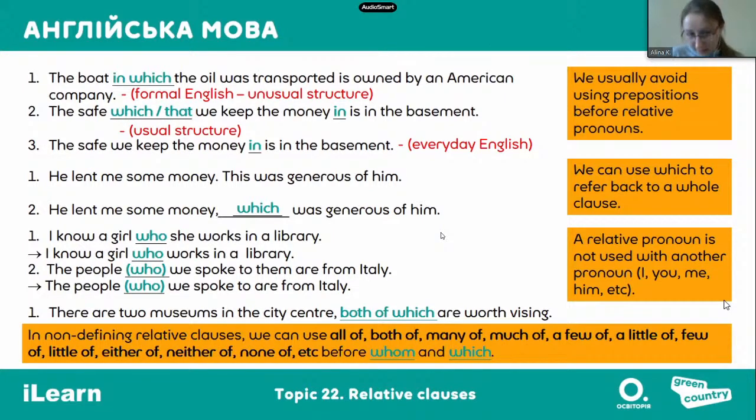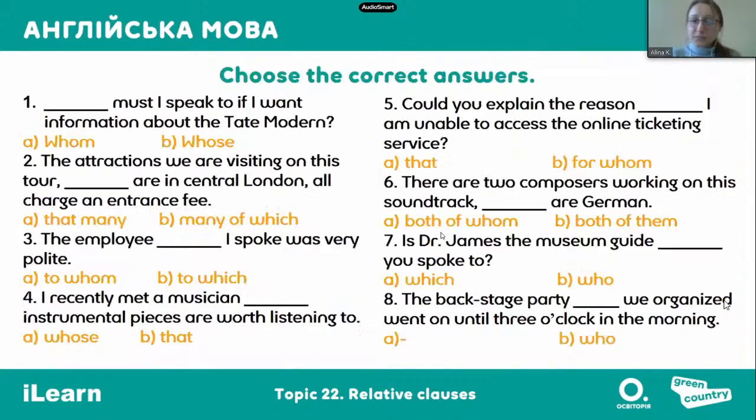That's actually correct, because we can say all of, both of, many of, and so on before whom for people and which for things in non-defining relative clauses. Yes, we can say so if we want to emphasize the quantity. So if we want to emphasize quantity, we can use these phrases before whom for people, or which for things or animals.